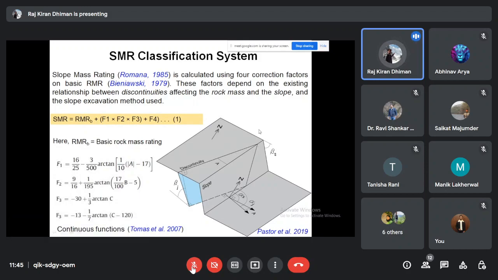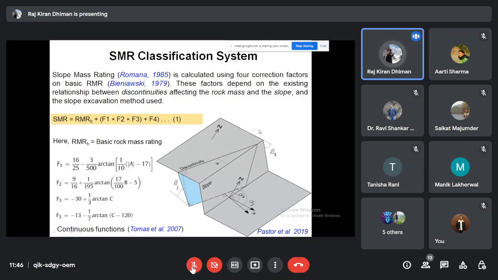Let's say there is a slope and there is a joint plane which is dipping in the direction of the slope. The slope is also dipping in the same direction, and the strike has some angle. There is a difference in the strike direction of slope and discontinuity. So you can ask yourself how much effect there will be on the kinematic release of these planes.